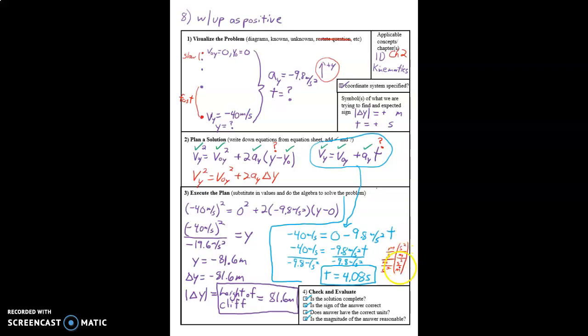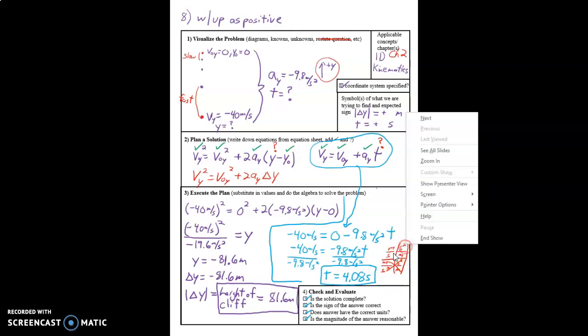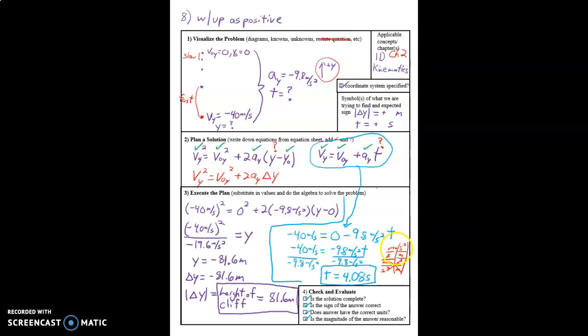Second squared over second squared over meters is 1, and then this part cancels, and meters cancels, and that leaves us with seconds. So the units are correct, and the magnitude is reasonable. 4 seconds to fall roughly 250 feet. That sounds reasonable, and it's going 80 miles an hour roughly. So this all sounds pretty good.